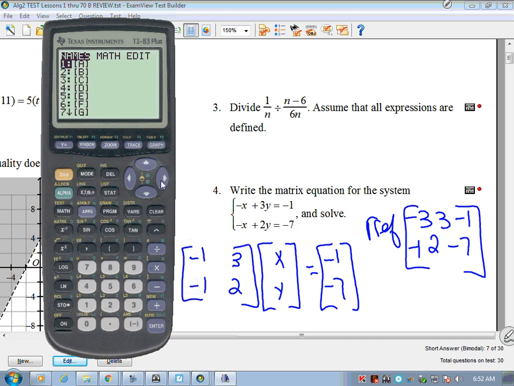Second matrix, we want to edit, and we want this to be a 2 by 3. So we've got negative 3, 3, negative 1, negative 1, 2, negative 7.